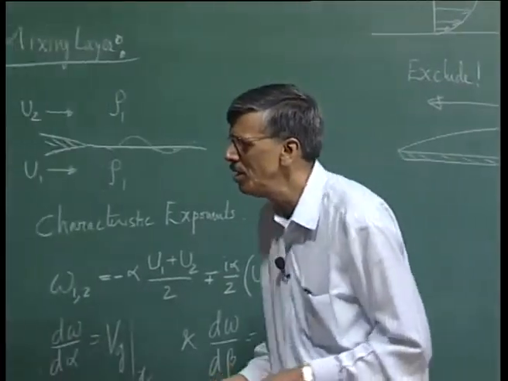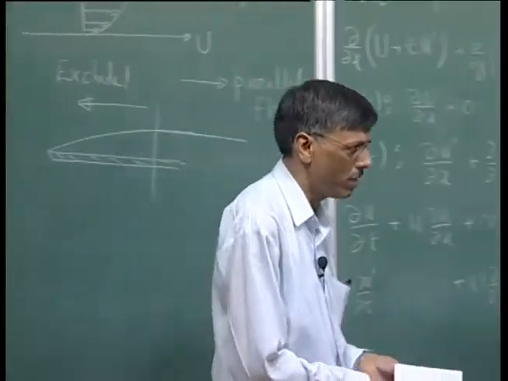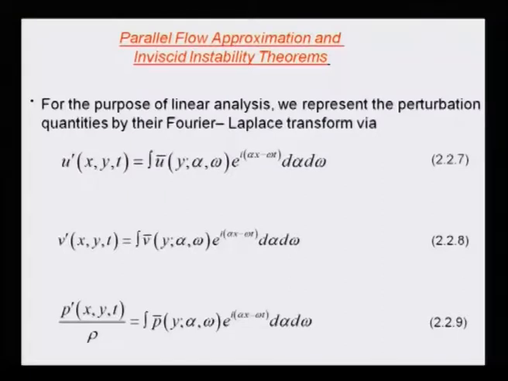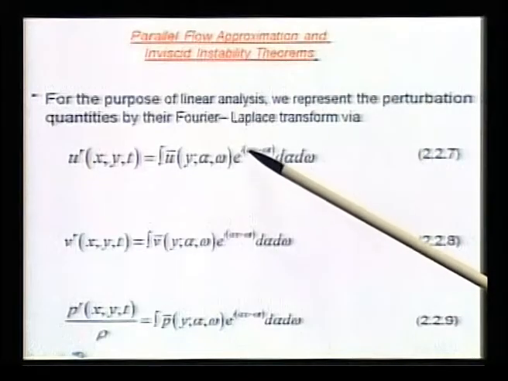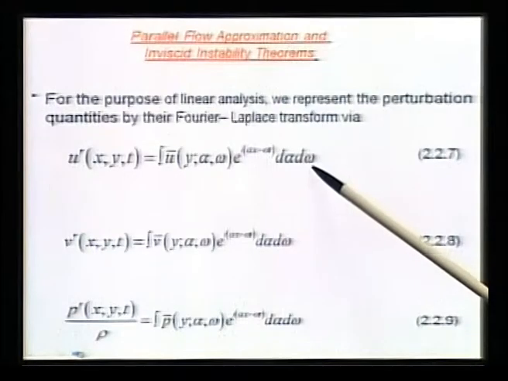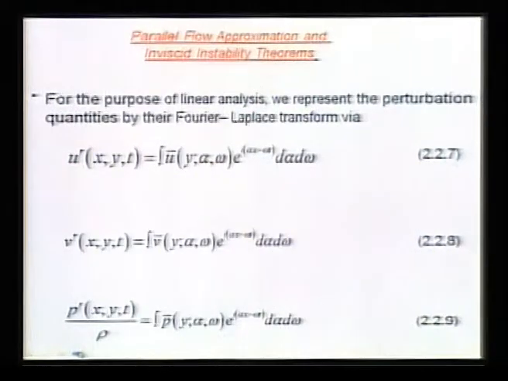For example, u prime, I will write as a Fourier Laplace amplitude that we have indicated by u bar, and then the phase part e to the power i(alpha x minus omega t), and they have to be integrated over all possible alpha and omega. So, it is basically a double integral, right.